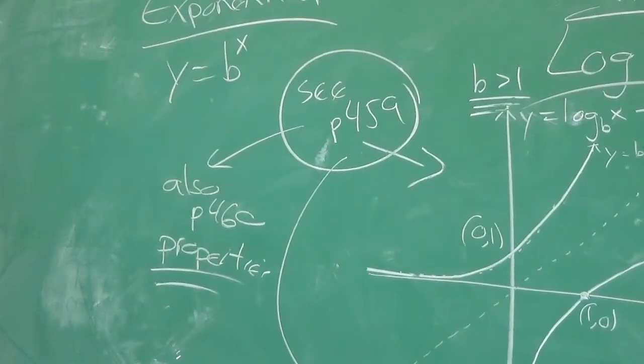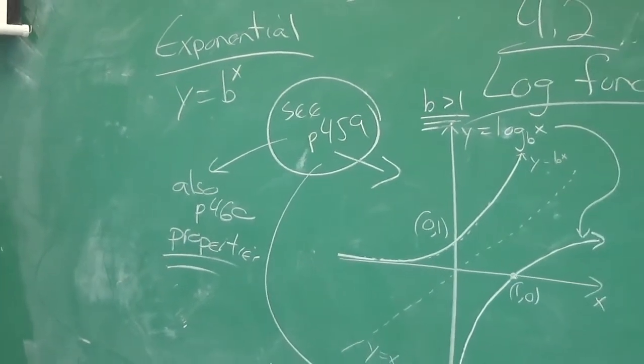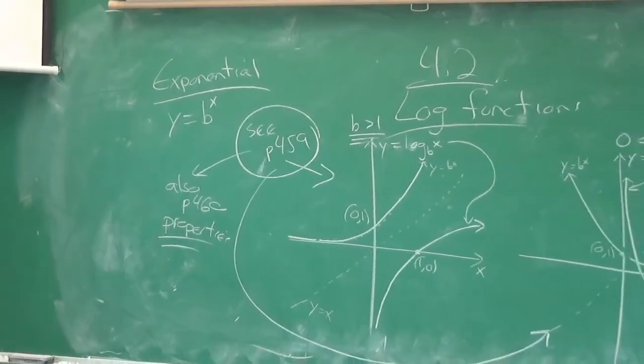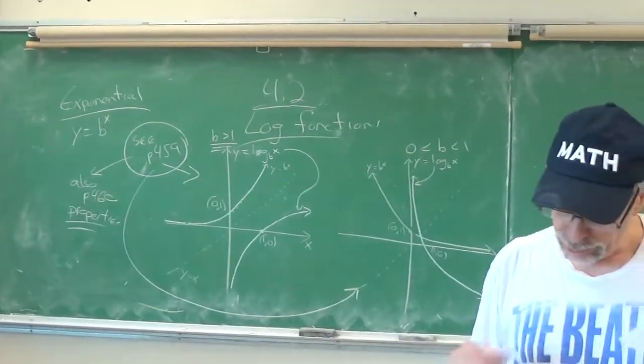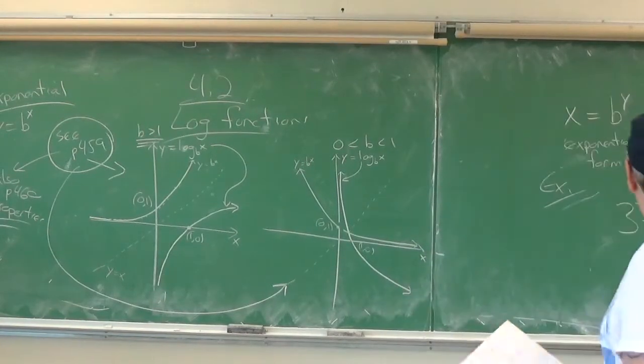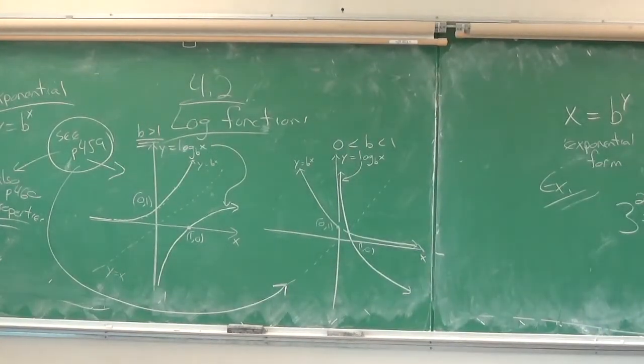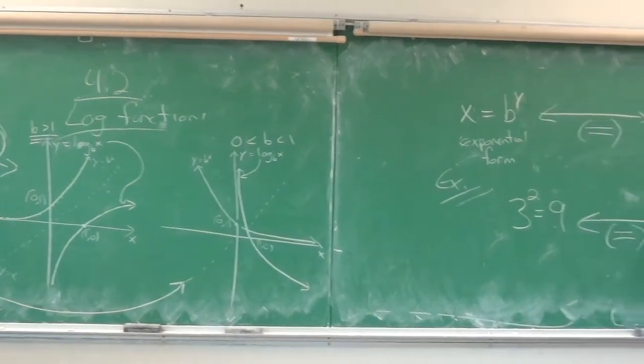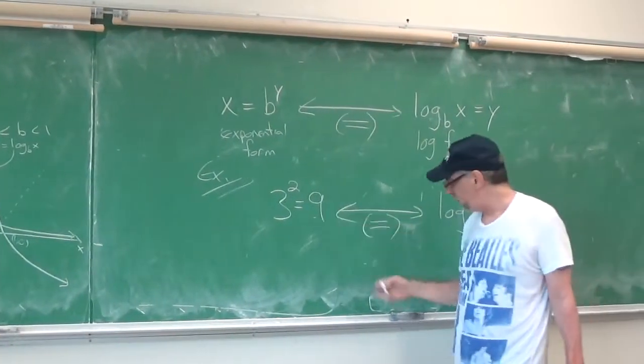Okay, so we want to look at properties of log functions. We talked about changing from exponential form to log form. We want to be able to go from this to this and from this to this.